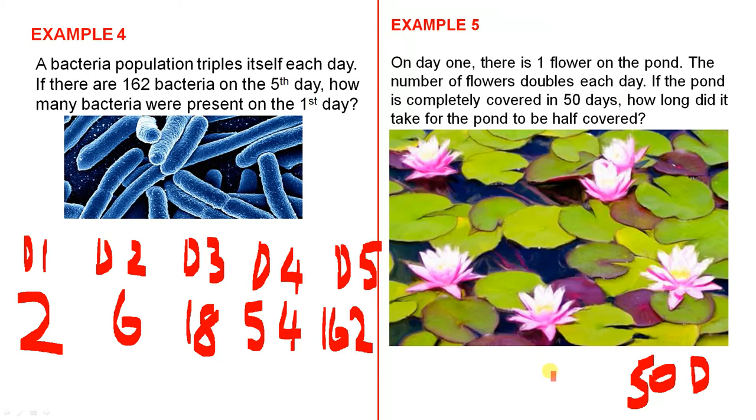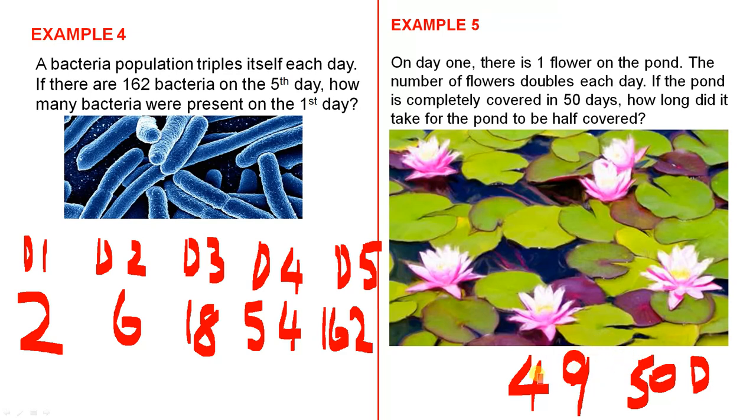So on the 49th day, which is 1 day less, the pond was half full. So the pond was half covered the day before, because from 49 to 50 it doubles. And if it's half covered and it doubles, that means it's fully covered.